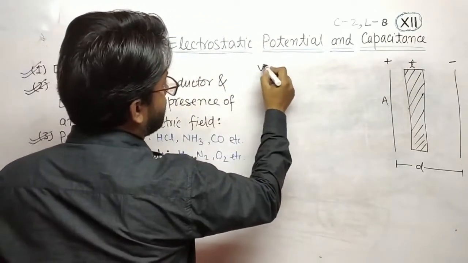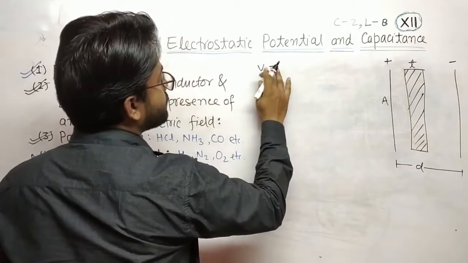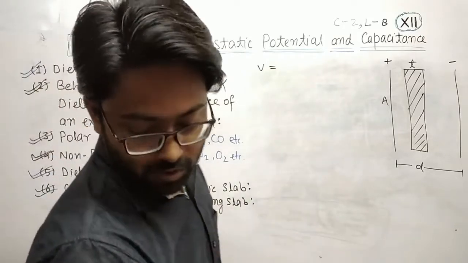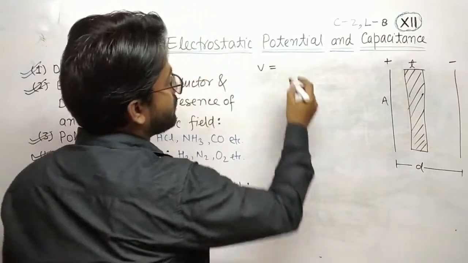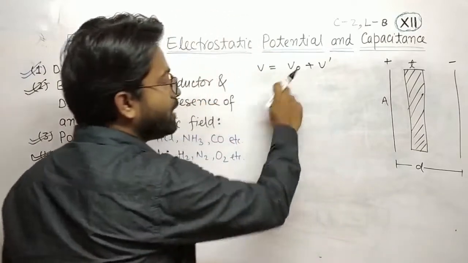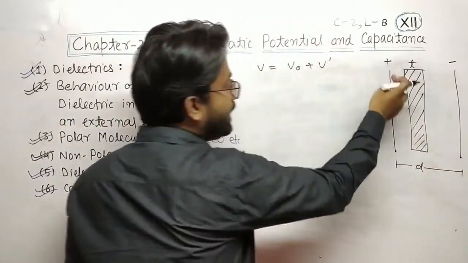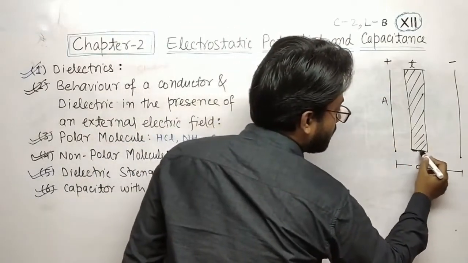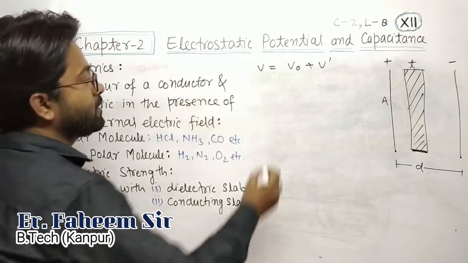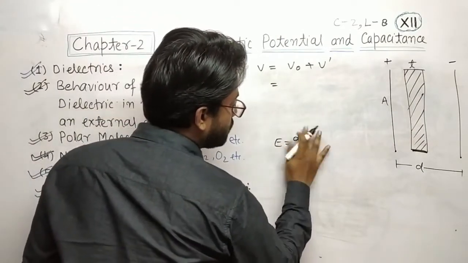Total potential V equals V naught plus V dash, where V naught is the potential due to the plate and V dash is the potential through the dielectric substance. We know E equals V upon d.